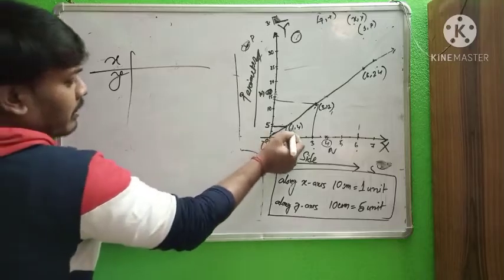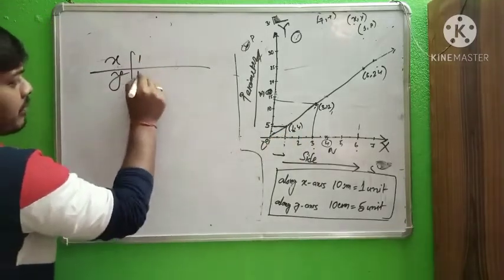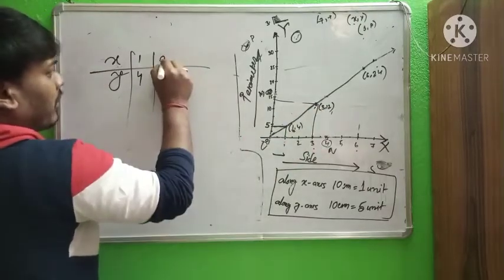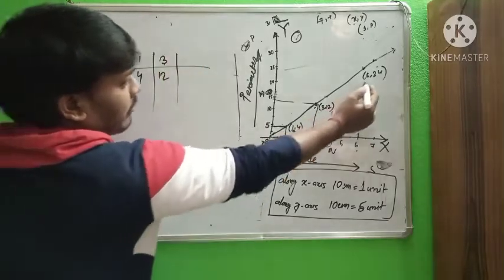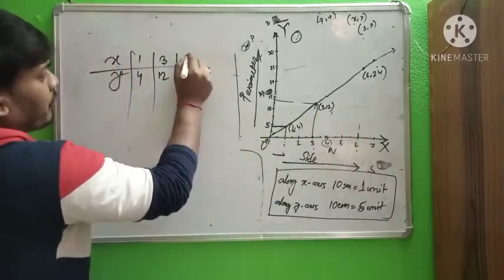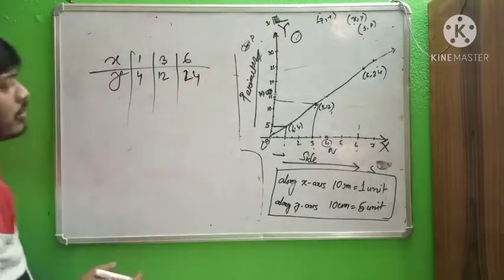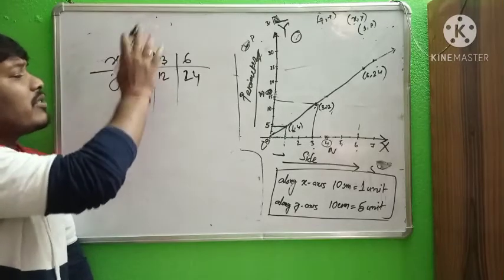From here we see that when the value of x is 1, the value of y is 4. When the value of x is 3, the value of y is 12. And when the value of x is 6, the value of y is 24. So somehow x is related to y.